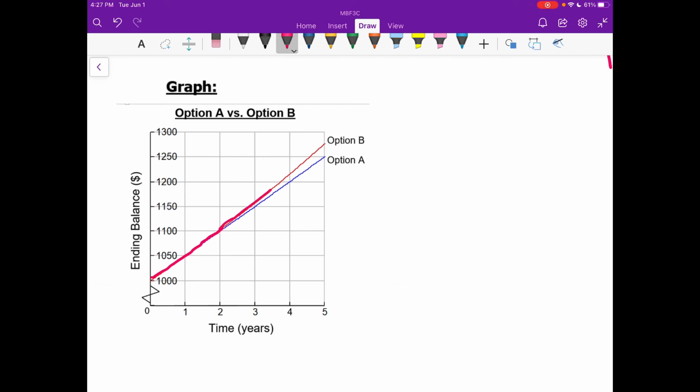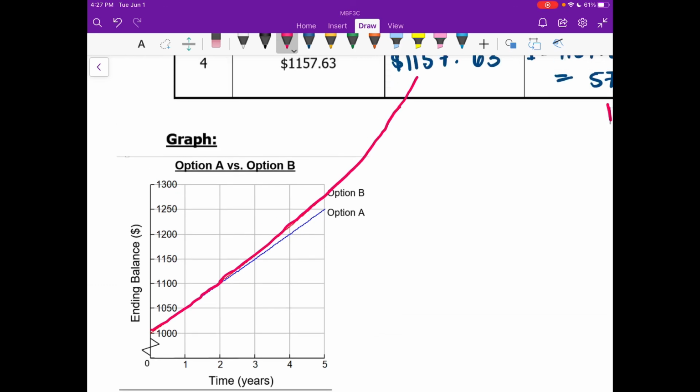But as you go up and up, it starts to become an exponential function. So it'll start to grow away from this straight line, and then the gap will become bigger and bigger, right? And that's what's important here, is that the potential for a compounding interest account is way more just because it is an exponential function.